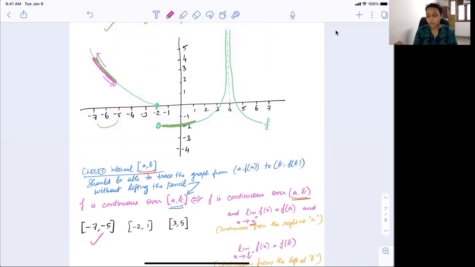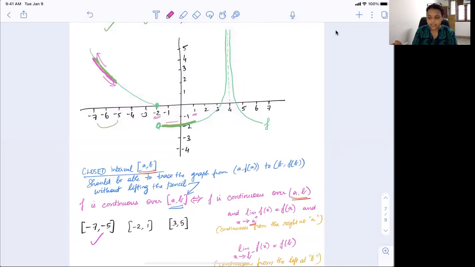From -2 to 1, remember we're moving from here to here and then drawing the line. So this is a closed interval, so I include -2 and I include 1. See how there is a jump when I draw the function, so we can immediately begin to see there is discontinuity. Now, what about the right-hand limit at x equal to -2?